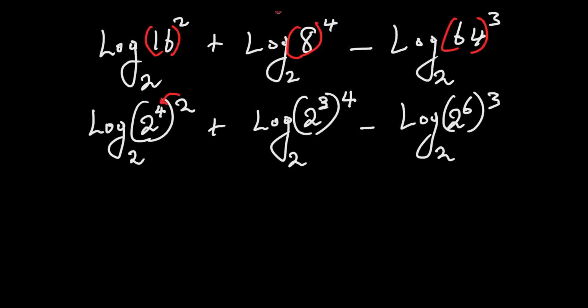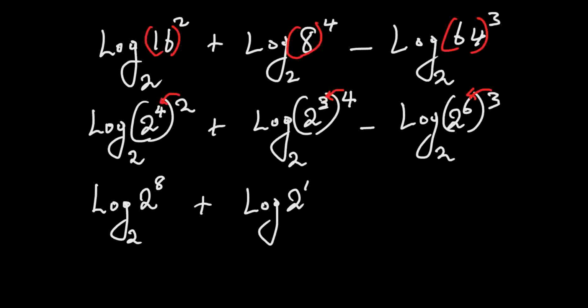Use the 2 to multiply 4, use this 4 to multiply this 3, and use this 3 to multiply this 6. And once that happens, then we're going to have log 2, 2 times 4 is 8, so 2 to the 8th power, base 2, plus log 2 to the 12th power, base 2, minus log 3 times 6 is 18, 2 to 18 to base 2.